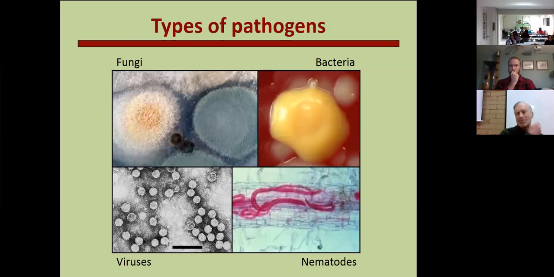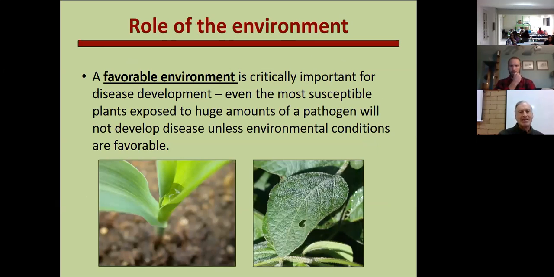So here are some examples. Fungi growing on a petri dish, bacteria, viruses, nematodes. These are the most common disease-causing organisms. So we have the host, the plant, and we have the disease-causing organism, and we also need a favorable environment.